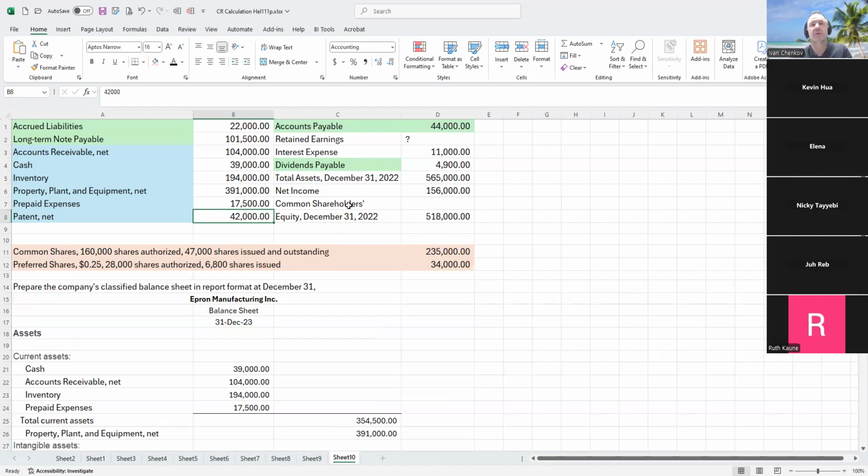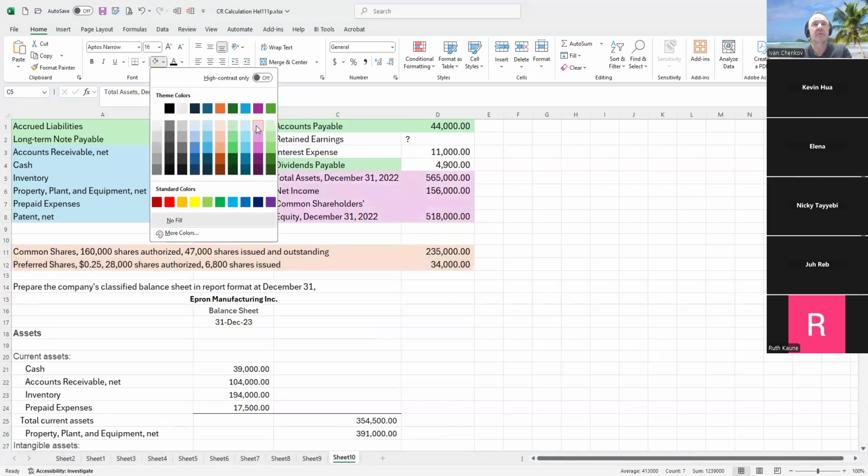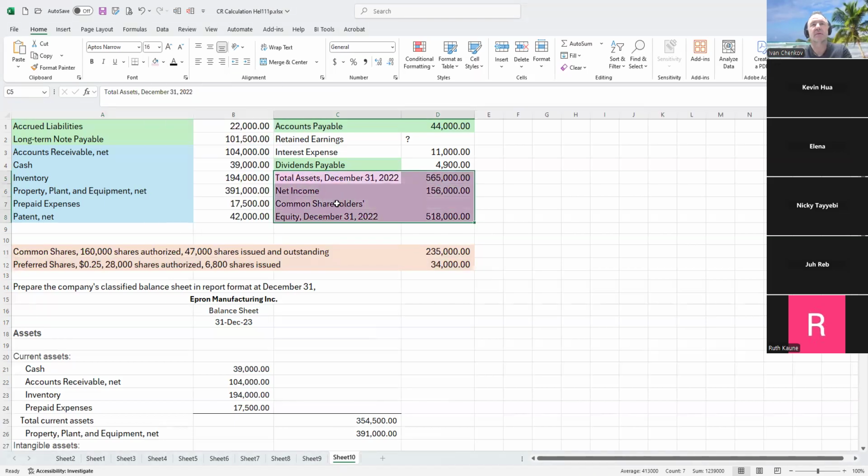Total shareholders' equity per last year, we don't care at this point. All this information, we don't need it. What's the last thing that's left? Retained earnings, right? That's the last thing that's left.